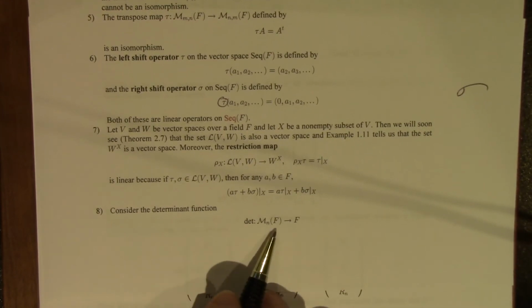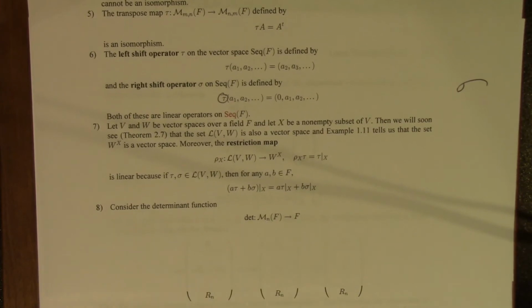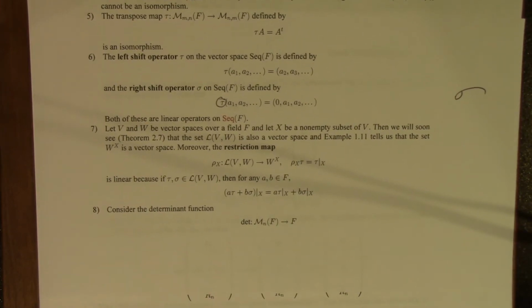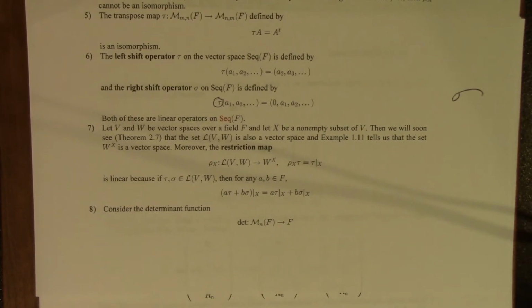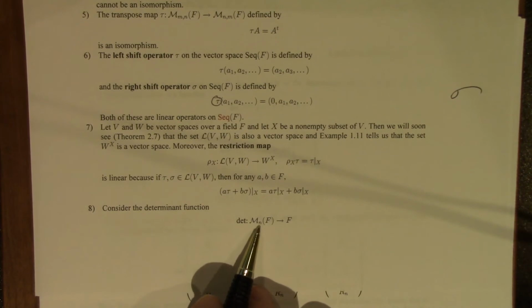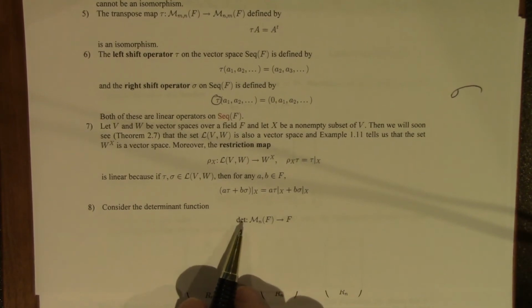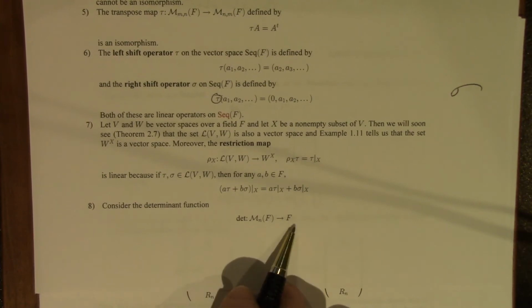The determinant function. One normally from elementary linear algebra thinks of the determinant as applying to all square matrices. But if we fix a size n, then we can think of the determinant as mapping the n by n matrices to the base field.